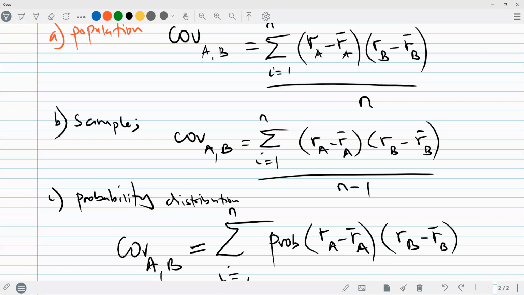Now assume this question we have done, the November 2019 question, question 3B.